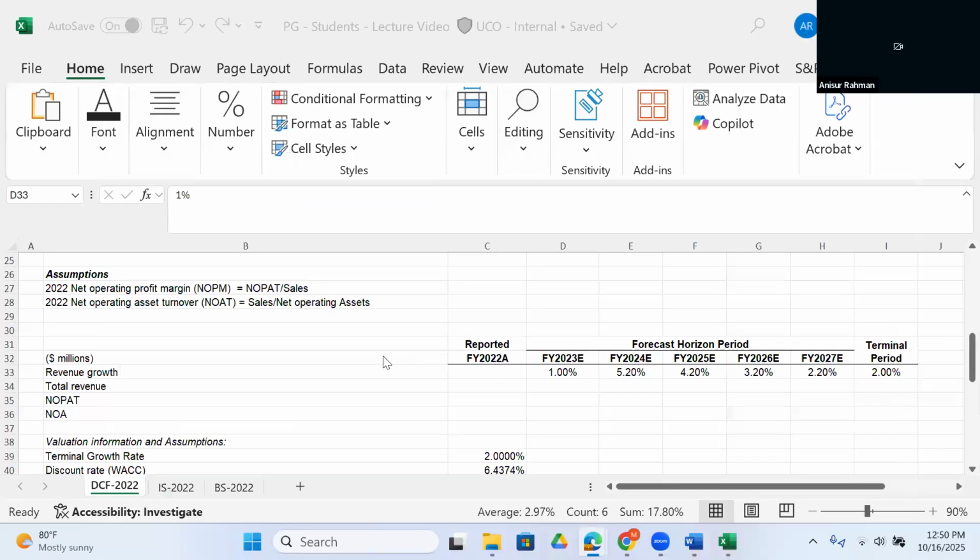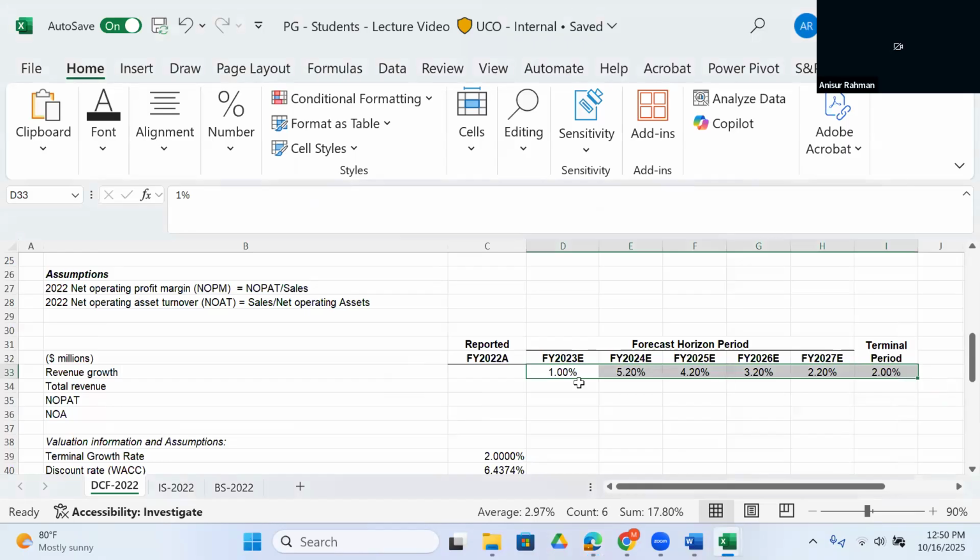So let's go back to our Excel. So we are going to forecast only the revenue. So here for the next 5 years and the terminal period is, we think, starting in this period, revenue will grow at a constant rate forever.